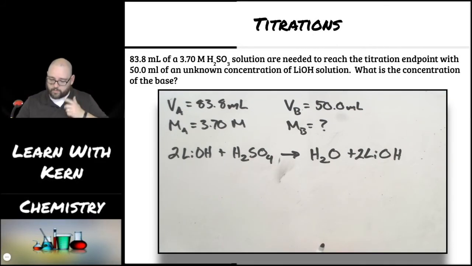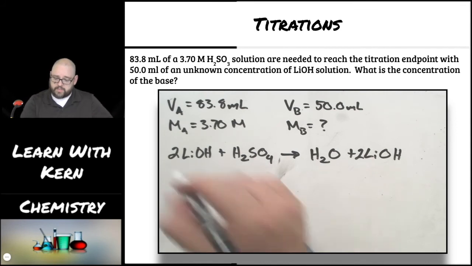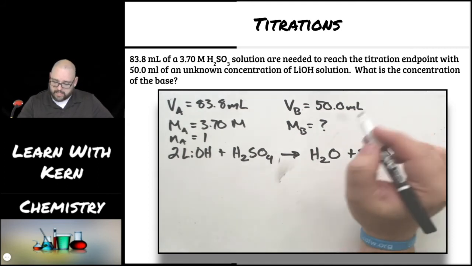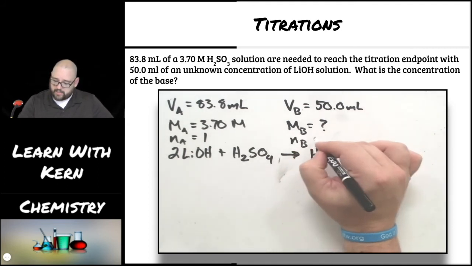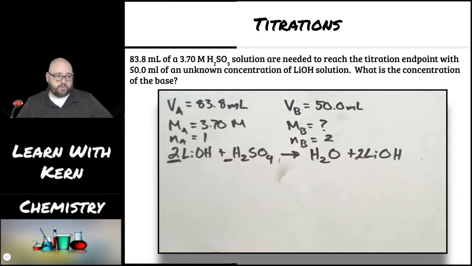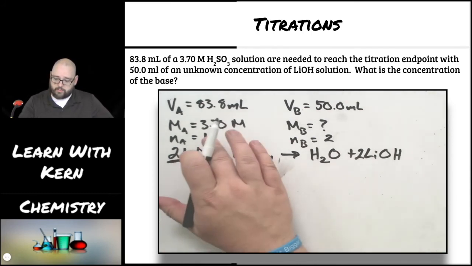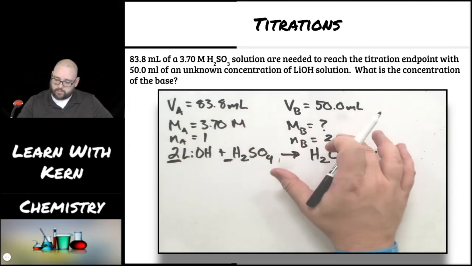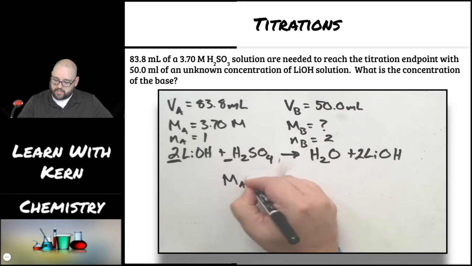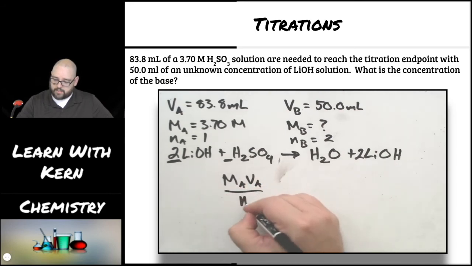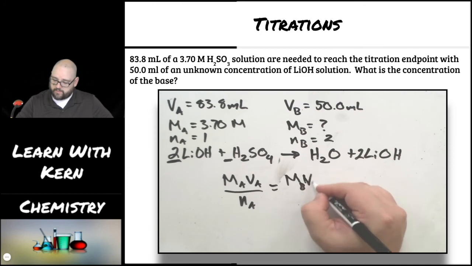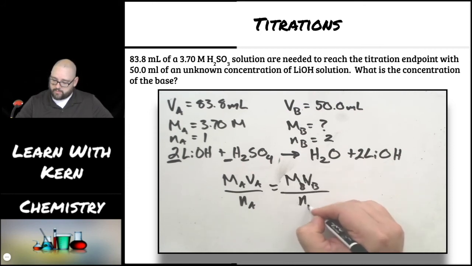Okay? So that means my NA is 1 and my NB is 2. I get that from my balanced chemical equation. The number of moles of my acid is 1, number of moles of my base is 2. So the equation MAVA over NA is equal to MBVB over NB.